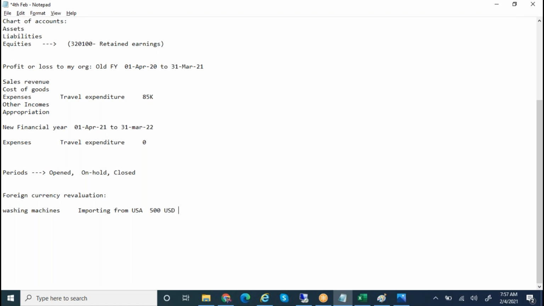Today $1 equals 73 rupees. So how much amount do you need to pay? Take the example of $1,000 for easy calculation. I am purchasing 2 washing machines, $1,000. Now how much amount do I need to pay? 73,000. This is at the time of invoicing.